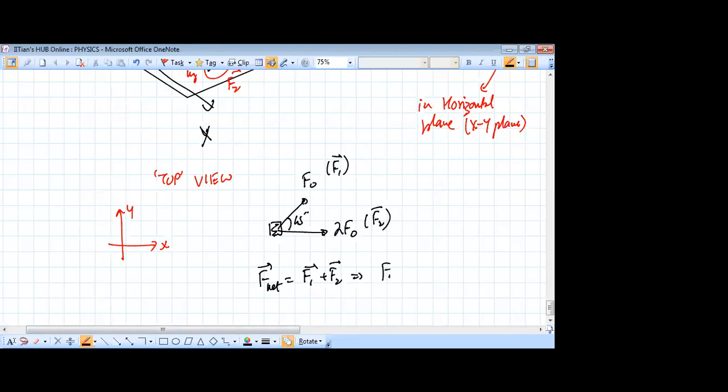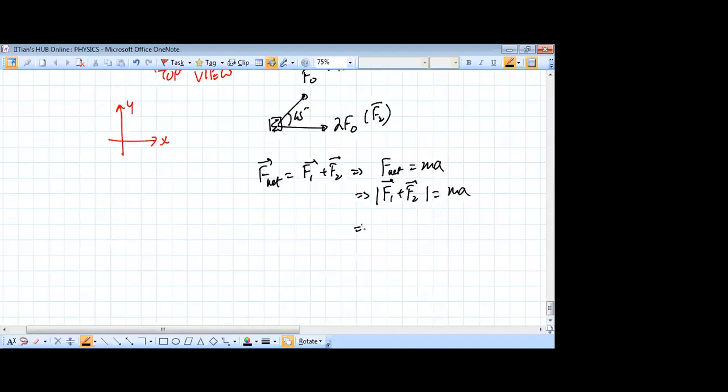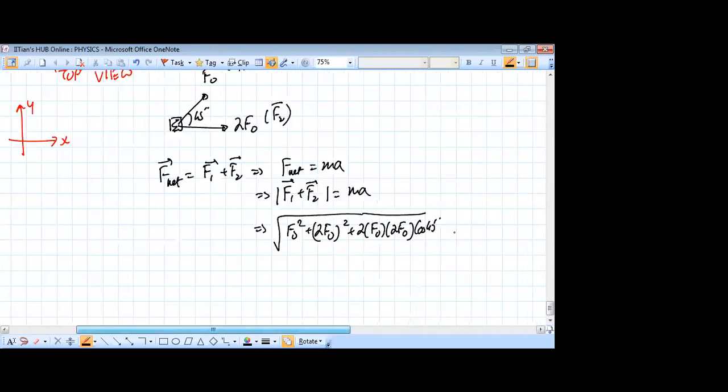Okay. So the magnitude of the net force will become mass into acceleration, and that will be the magnitude of F1 plus F2. So the magnitude of F1 plus F2 will become square root of F1 square plus F2 square plus 2 times F1 F2 cos 45. So that will be your mass into acceleration.